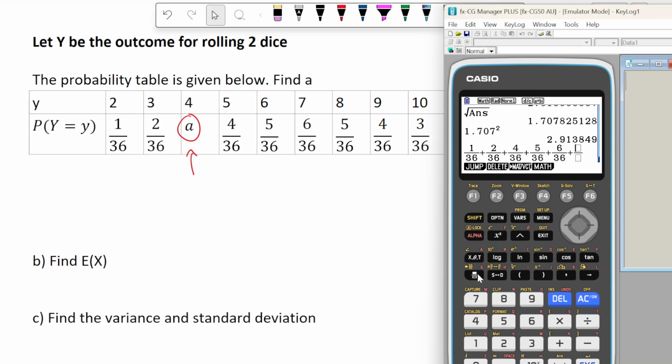The dice goes back down, it's very tricky. 4 out of 36. Anyway, when you enter all this, you get that number, 11 out of 12.